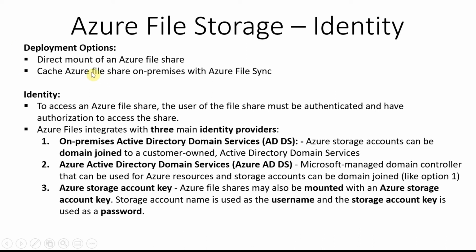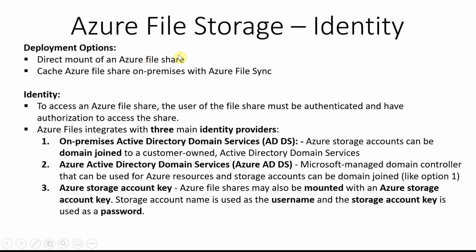A file share is a similar concept. You can imagine an external storage you're getting in the cloud, like your external hard disk, and you can associate that with your laptop, a Windows operating system or a Linux operating system. That is option one, the mounting of a file share onto a compute.